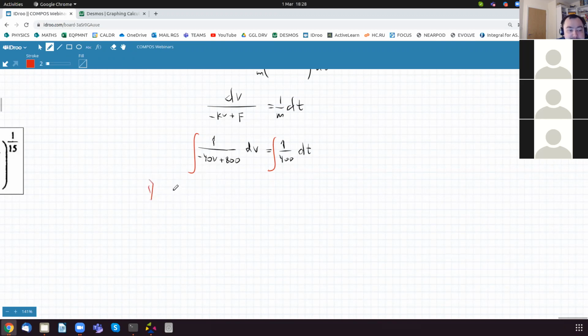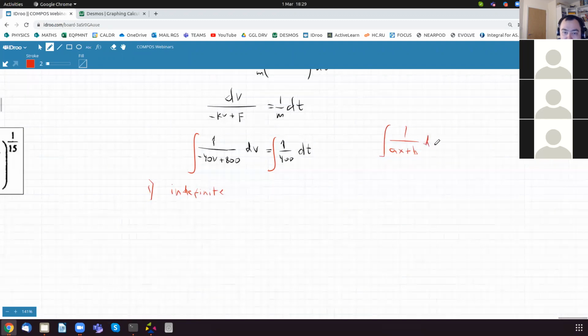So first, indefinite integral. So this is an integral of 1 over ax plus b. We know that this integral is logarithm of ax plus b, plus c.